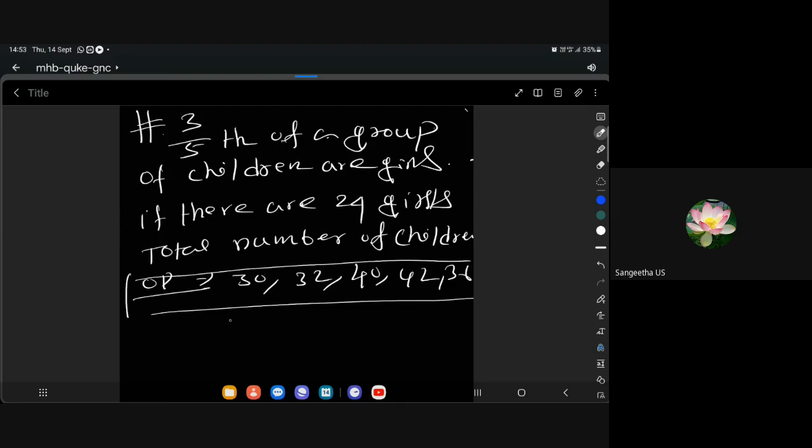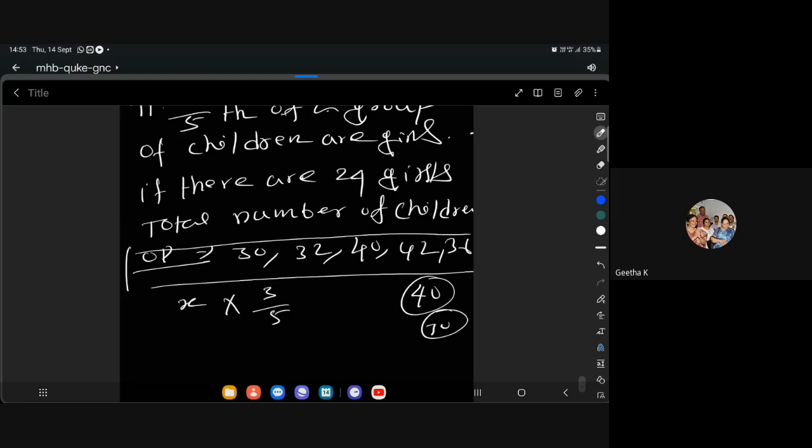One answer is 40. Another answer is 30. Okay. Suppose x is the total number of children in the group, then 3x by 5 is the number of girls.